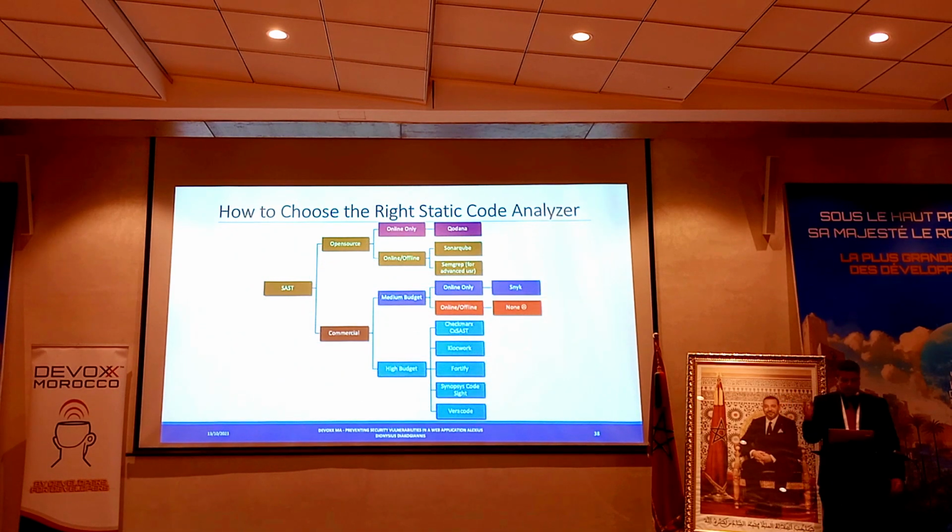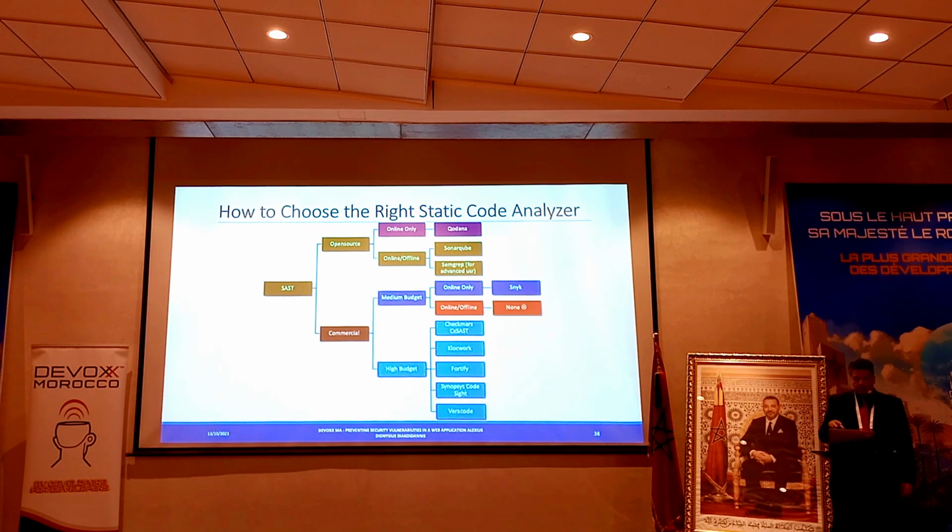So, if you want to use an open source project, and you need something which is both online and offline, you can use SonarQube, on-prem for the most advanced users. For the cloud users that are doing cloud development and all the code is on the cloud, there is a new player from JetBrains, which is called Qodana, which is quite good.